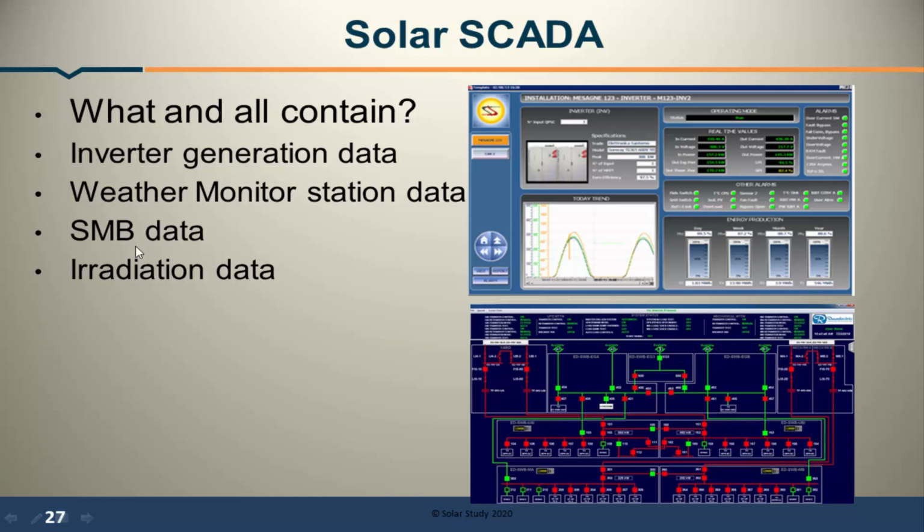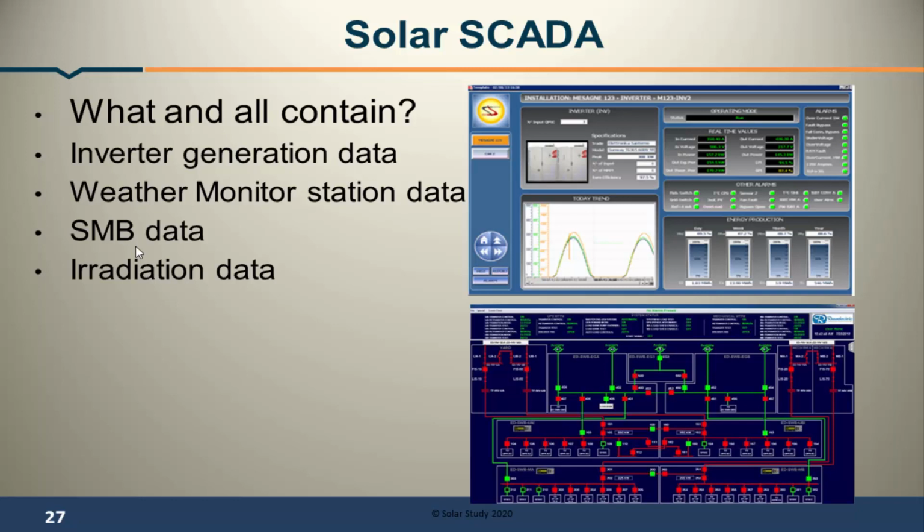Then next is SMB data. This is nothing but string monitoring box, SMB. It contains all the inverters connected to it, and also whatever solar panel is installed, we can call it an array of solar panels which is connected to the SMB.